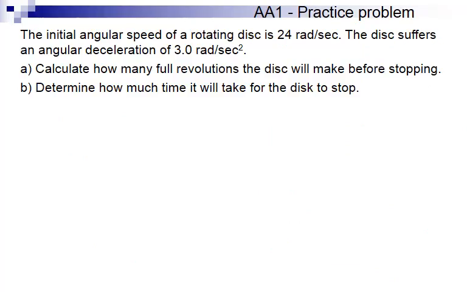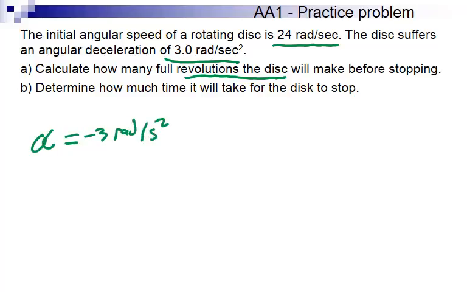Now, let's go ahead and practice this. See if you can use the equations here to calculate how many revolutions the disk goes before stopping. The initial angular speed is 24 radians per second. The angular deceleration, so alpha, is -3 radians per second squared. And we want to know how many full revolutions.